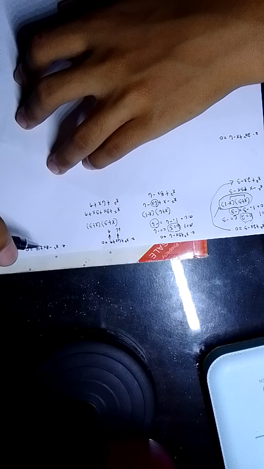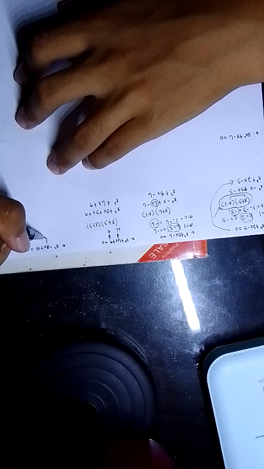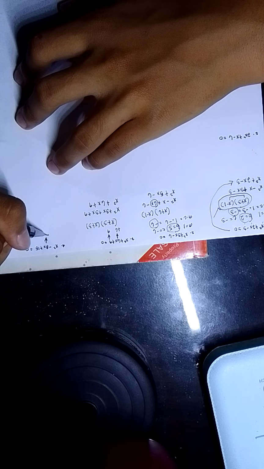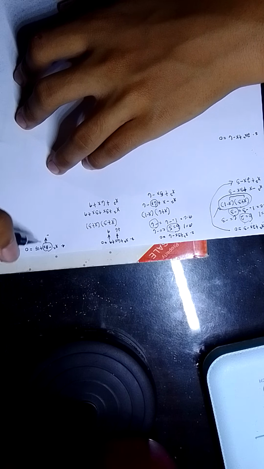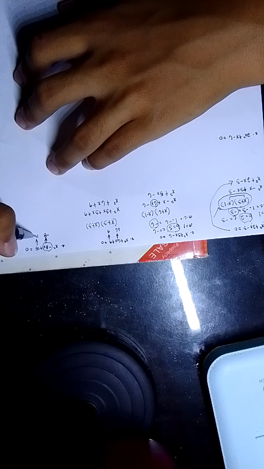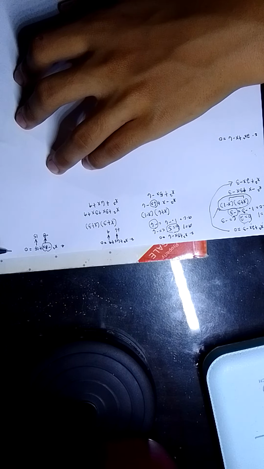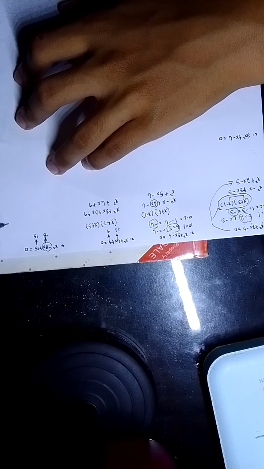Then, as I've said for number 3, just think of two numbers that if you're going to add them, the answer is negative 8. If you're going to multiply them, the answer is positive 15. Just think. It's so very easy.